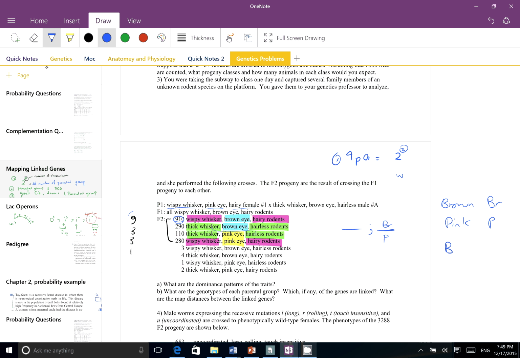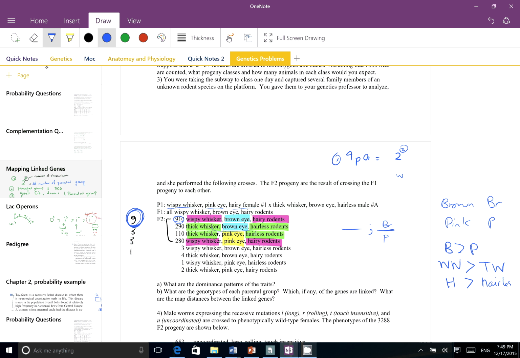When I look at 9 to 3 to 3 to 1, the 9 is the one that has the dominant group. So I know brown is dominant to pink, wispy whiskers are dominant to thick whiskers, and hairy is dominant to hairless.